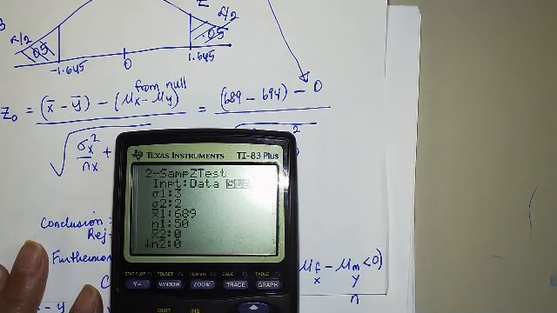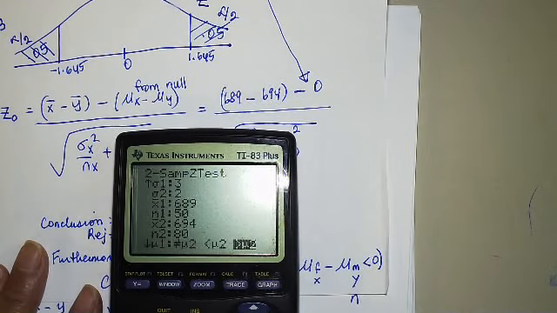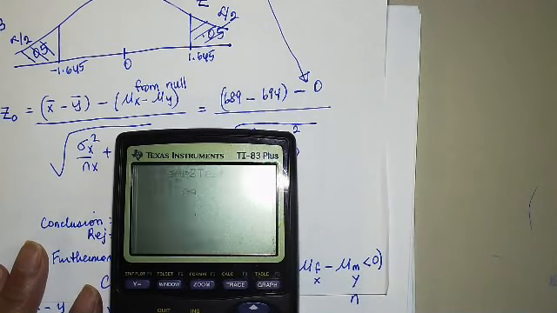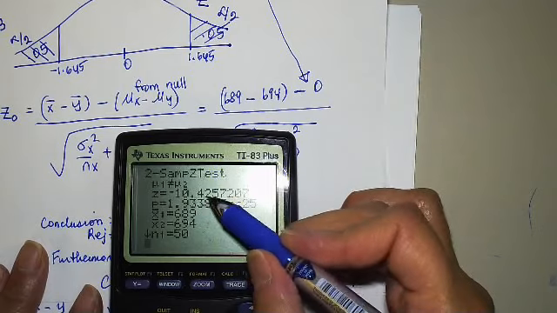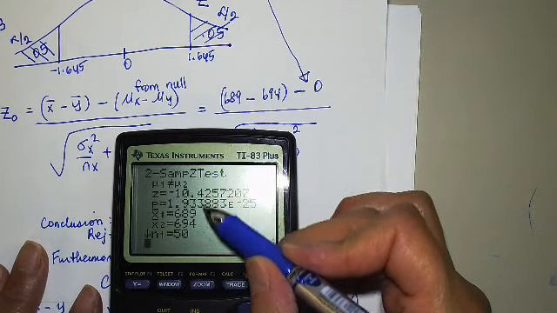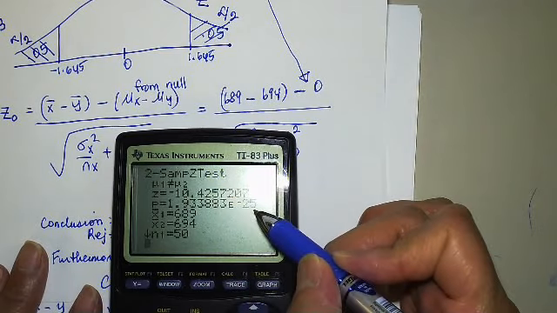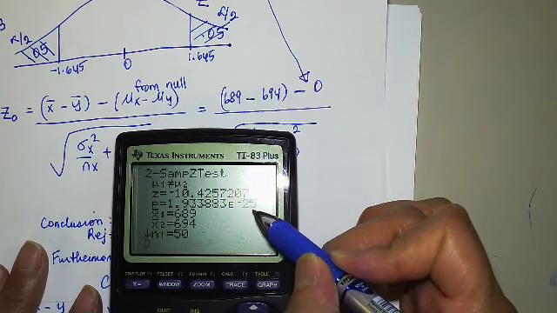Stat test, two sample z-test. Two sample z-test. Input data or stats? Stats. Sigma 1 equals 3. Sigma 2 equals 2. X bar equals 689. N1 equals 50.